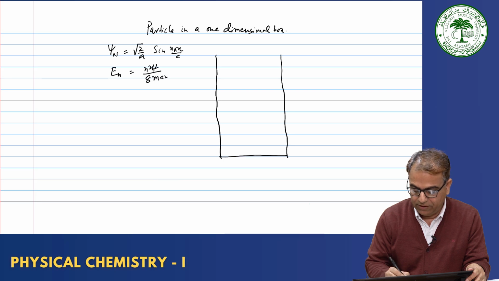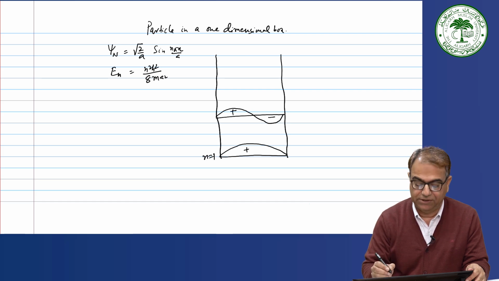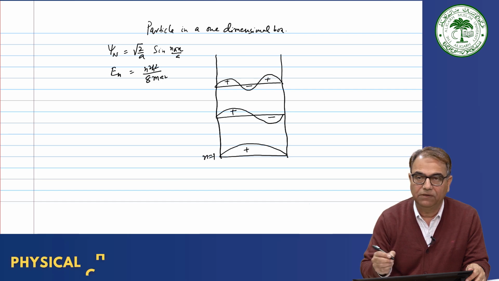For n is equal to 1, at all places the wave function is positive, and we plotted like this one. At n is equal to 2, we plotted like this one, where this part is positive, this part is negative, sign of the wave function. We plotted for n is equal to 3 like this one, where this is positive, this is negative, and again this is positive.